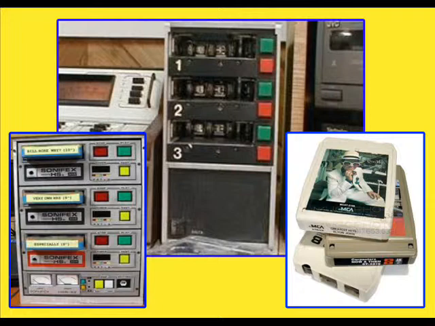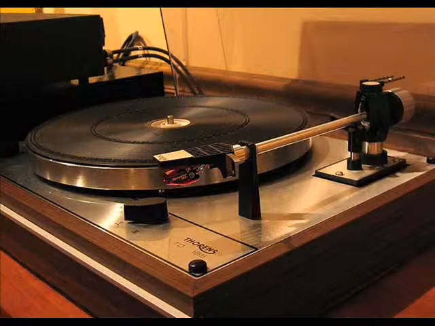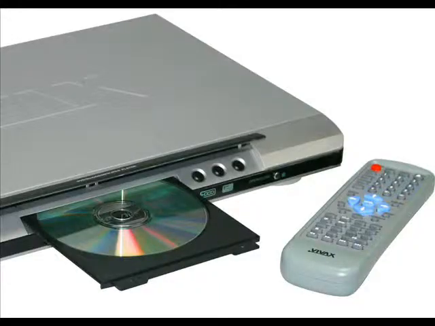A cartridge machine is a player recorder machine that is ideal for playing announcements or plugs. We also have turntables. Turntables transform sounds imprinted on discs into sounds that we hear. And then we have the CD player. The CD player is used for playing recorded materials on discs.